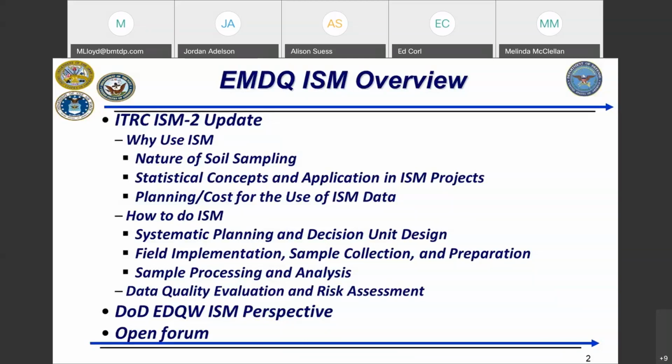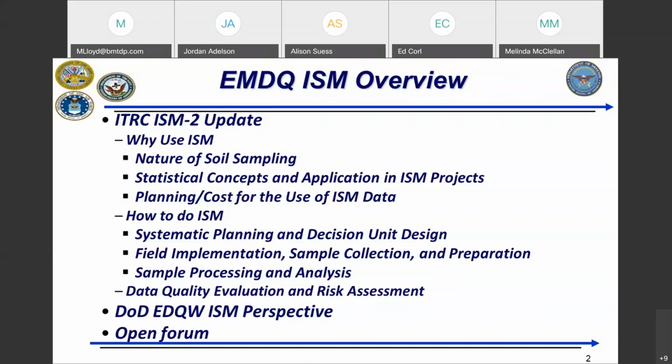And then how to actually perform the incremental sampling, including the ever important DQO development, right, through systematic planning and decision unit design. The field implementation, sample collection and the preparation portion, and also the ever important sample processing and analysis as well. And then finally, a review of the data quality evaluation and risk assessment.